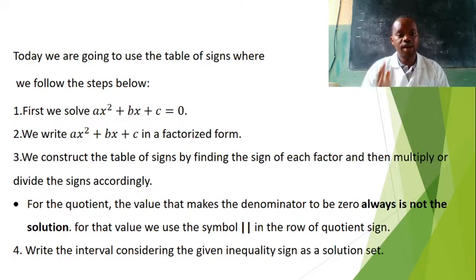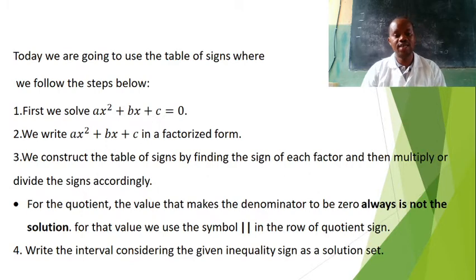Secondly, we write ax squared plus bx plus c in a factorized form. Then next we construct the table of sign by finding the sign of each factor. Then finally we multiply or divide accordingly the signs found in the table of sign.